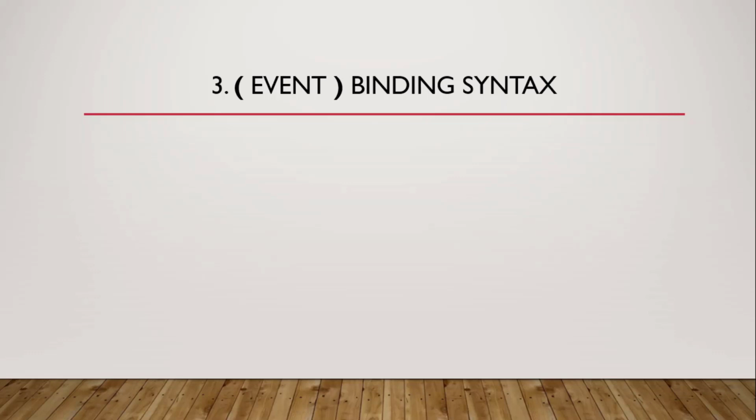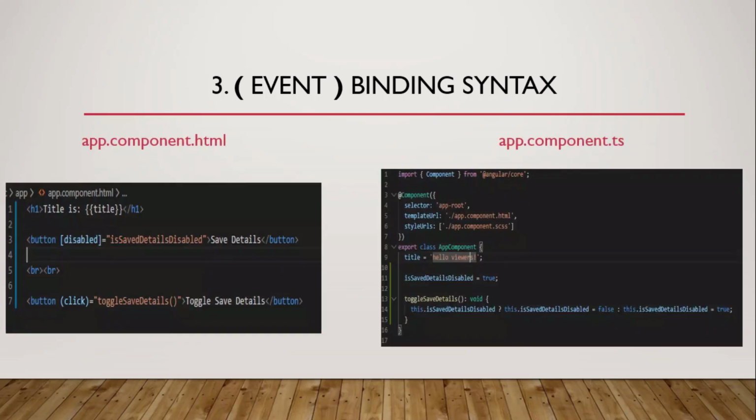Let's take a look at our example. In this example we have used the click event, which is nothing but when you click on the button. On the click of the button we are redirecting to a method which we have created, named toggle save details.